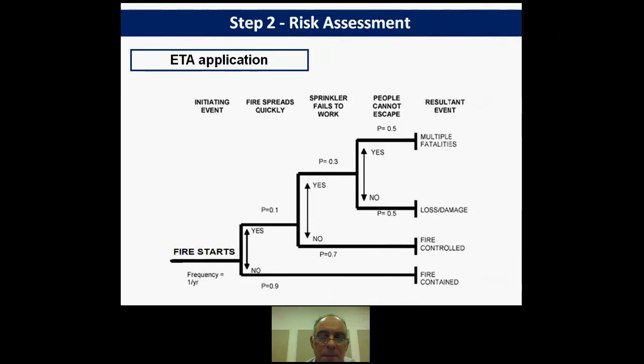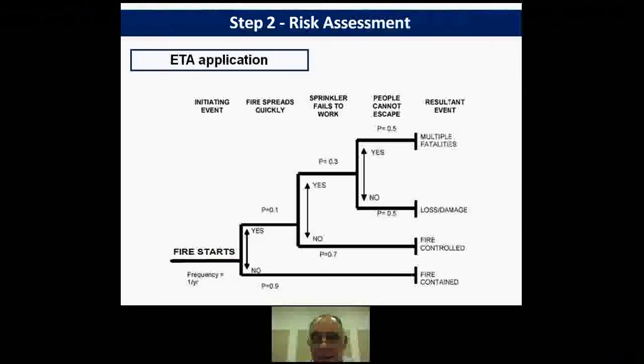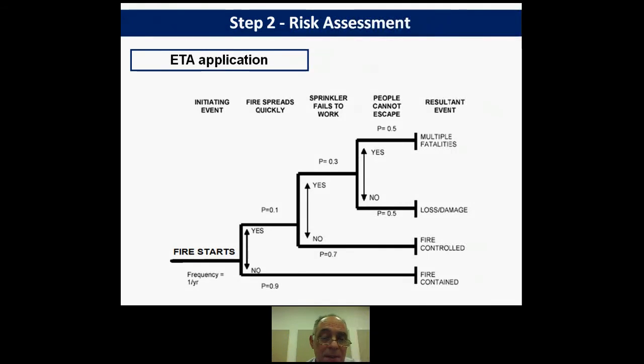starting with the most desired outcome in case we have a fire, which is the containment of the fire at the bottom here, and we can go all the way up, and we see that we may have multiple fatalities. In that fashion, we can find out what the probabilities of these scenarios of outcomes could be.